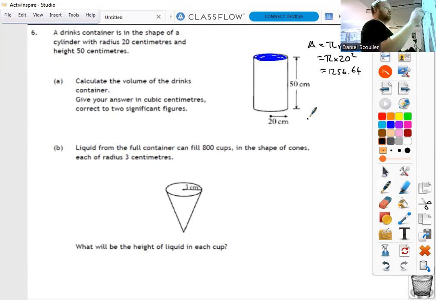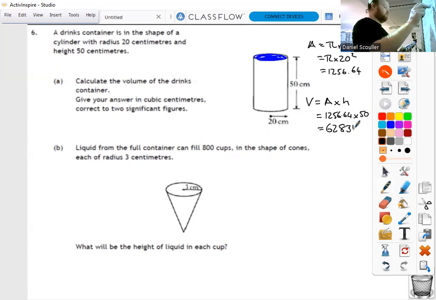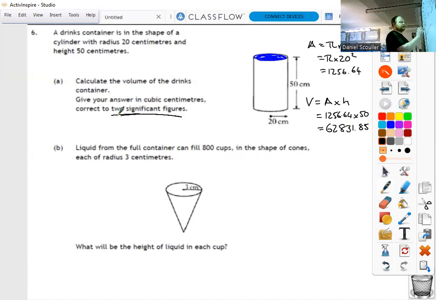Okay, so the volume is equal to the area multiplied by h. 1256.64 multiplied by 50 equals 62831.85. Okay, it's asking in the question, just be careful with this, two significant figures.